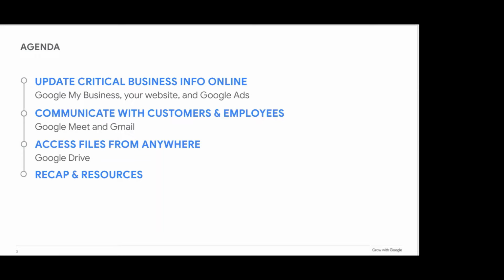But first, we're going to talk about how to update your customers on critical business information through your business profile, Google Ads, and your website. Then we're going to cover how to communicate remotely with your customers and employees with tools like Google Meet and Gmail, and how to access and collaborate on files with your team through Google Drive. Lastly, we'll share some steps and resources available to help you.